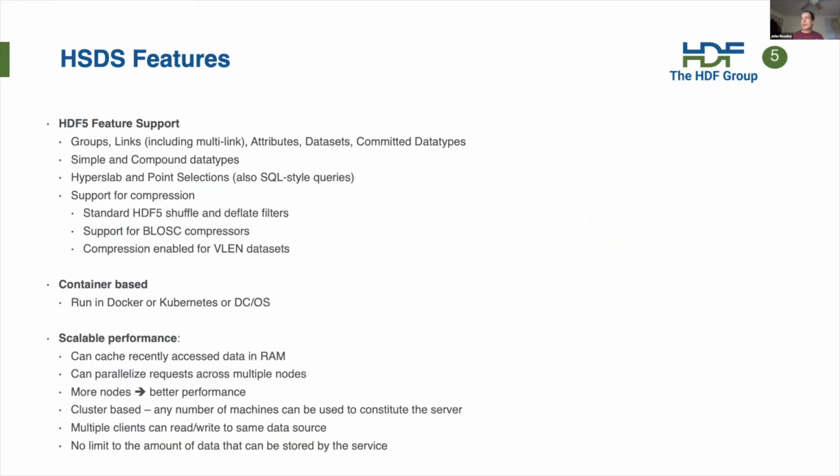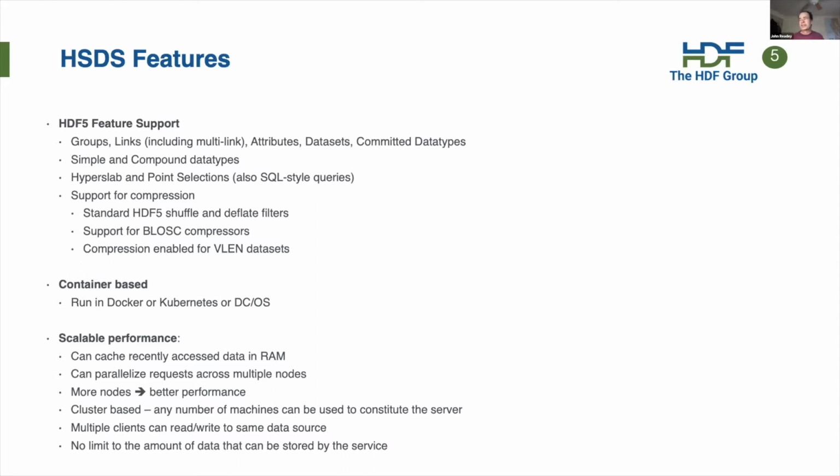So here's my long list of HSDS features. Let me run through these. First, features that apply to what HDF5 does as core functionality. We have groups, links, including multi-links, i.e. two links that point to the same object, attributes, datasets, committed data types, simple and compound data types, hyperslab and point selections.